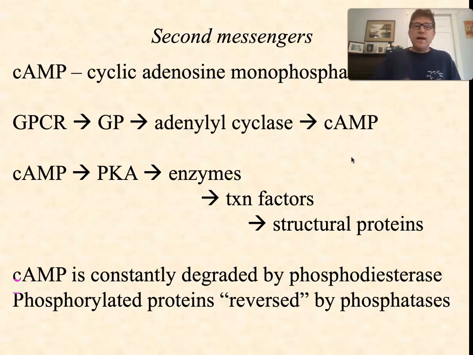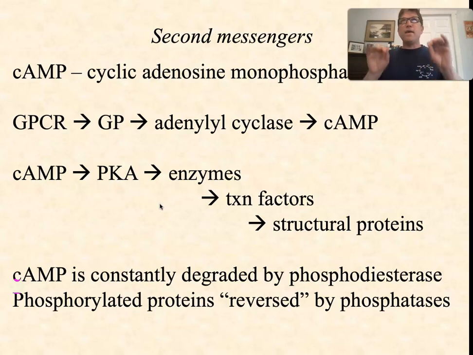And at the same time, the phosphorylated proteins like PKA and the various phosphorylated response proteins are being dephosphorylated by enzymes called phosphatases. So you've got kinases like PKA on one hand, you've got phosphatases on the other. Kinases are phosphorylating and activating some kind of response protein, and phosphatases are dephosphorylating them.